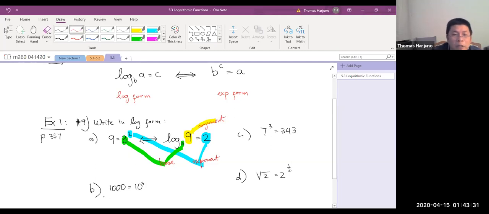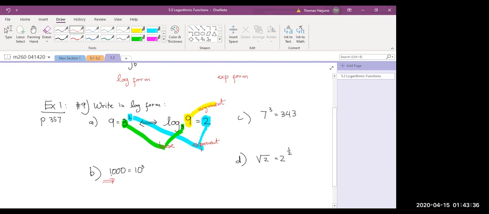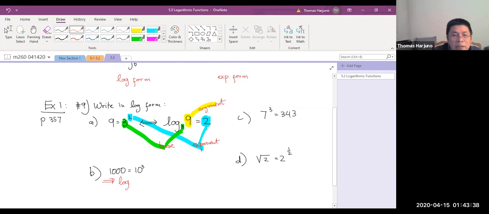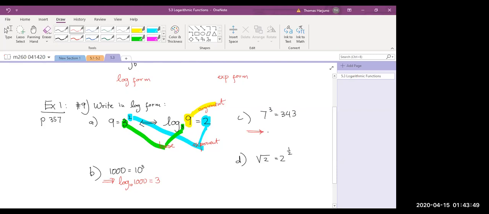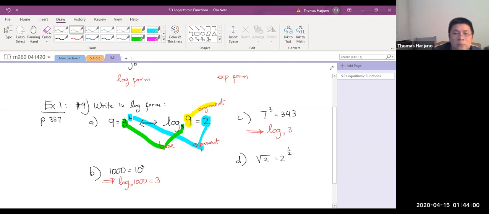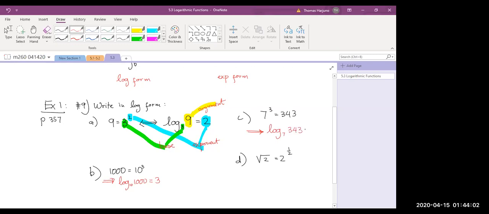Okay, how about part B? What is that in log form? Log base 10 of 1,000 equals 3. And then how about part C? Log base 7 of 343 equals 3.